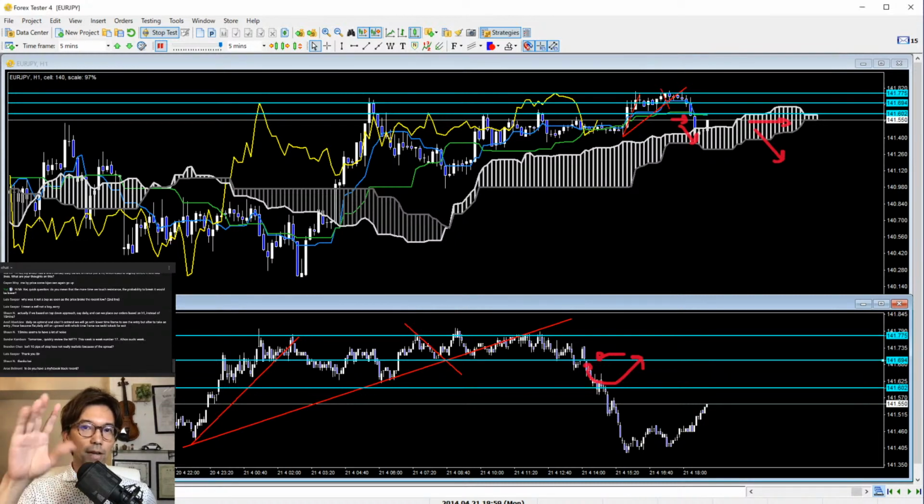So if it renews a recent high, then it's fixed. If it renews a low, it's fixed. So even if the price moves afterwards within the candlestick, the line angle won't move in Ichimoku.